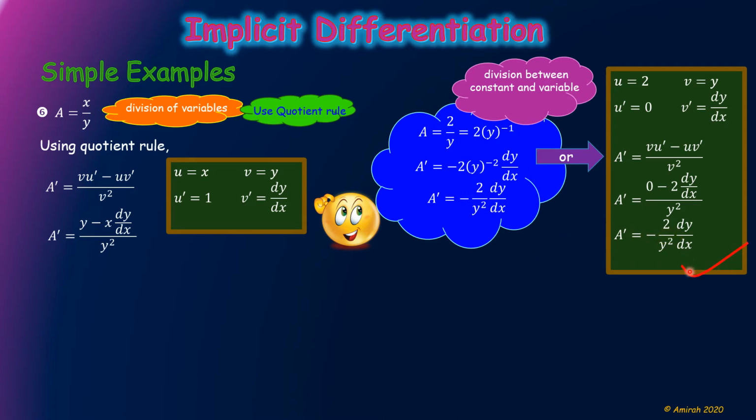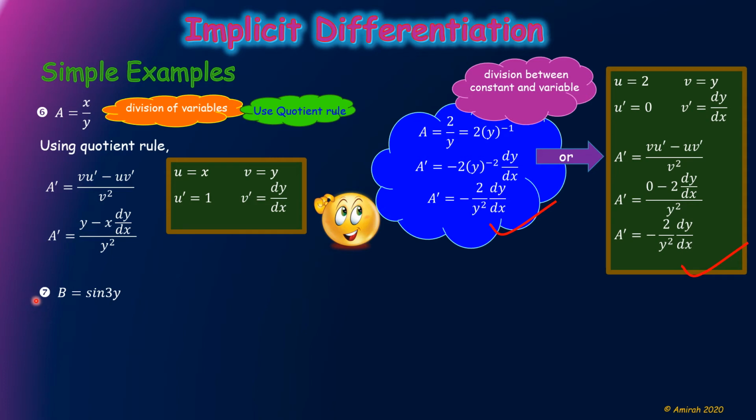So this method is correct and this method is also correct, for division between constant and variable. But for division of variables, meaning the numerator is a variable and the denominator is also a variable, we need to use the quotient rule only, right?